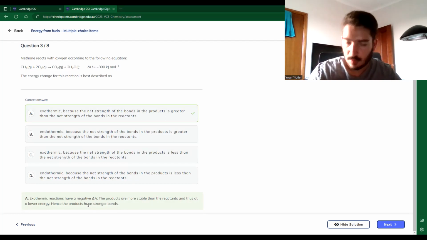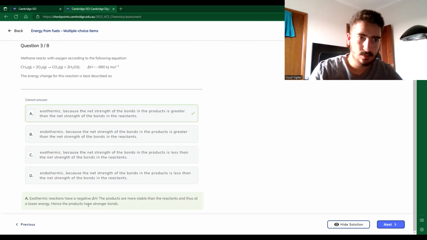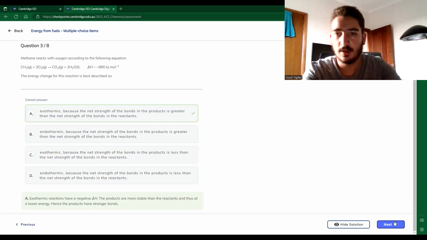The net strength of the bonds in the products is greater, so you need more energy. I am so confused. Anyways, next.